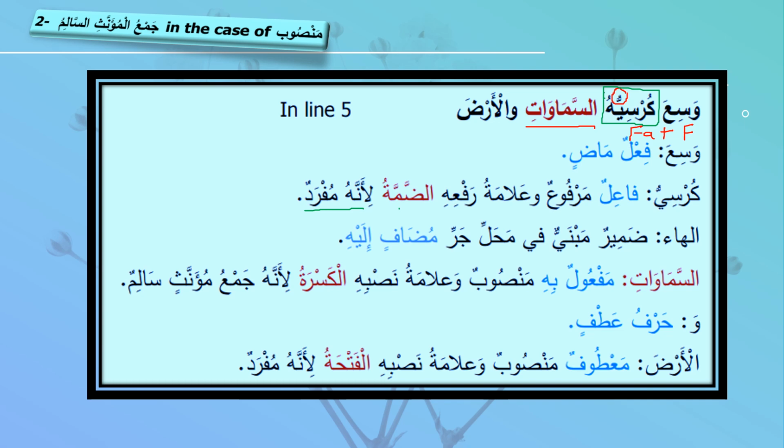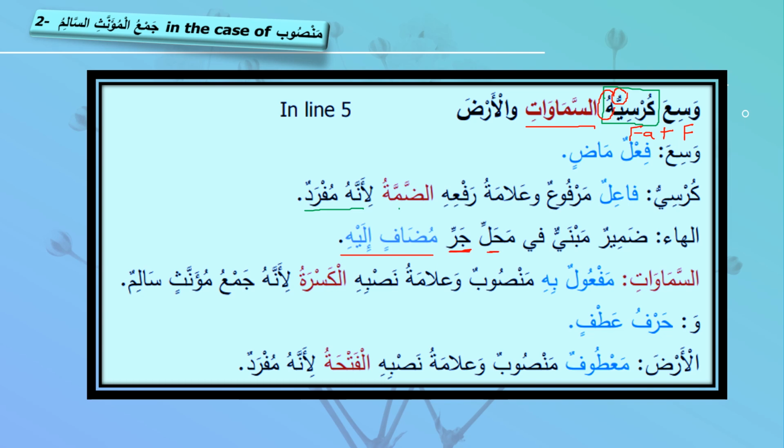Ha damir, it's mabni. You know, damir are always mabni, fi mahall jar mudaf ilayhi. So now you understand why this damir is in mudaf ilayhi position. Whenever damir attaches itself to a noun, it falls in the position of mudaf ilayhi. Kursiyuhu means his chair or his throne. That's why the ha damir is in mudaf ilayhi position, in jar position.